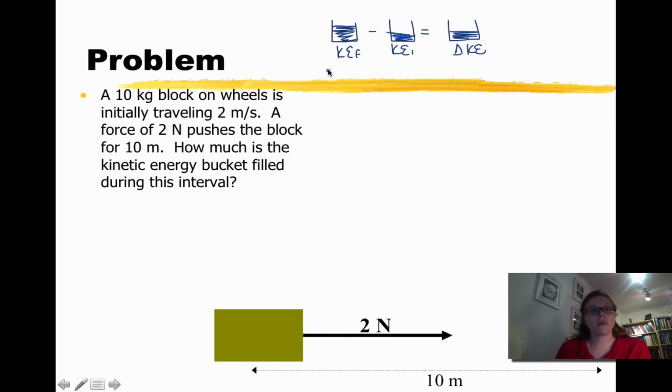Well, kinetic energy, if we remember, is equal to 1/2 mv squared. We can solve for the initial, because we're given everything.